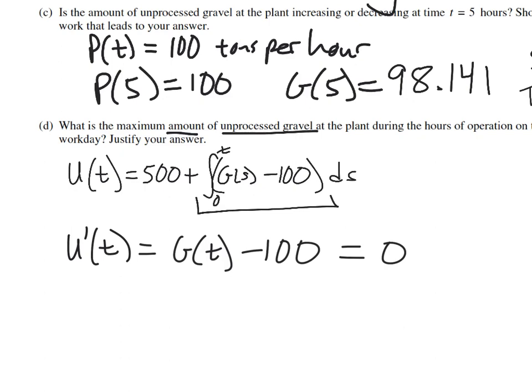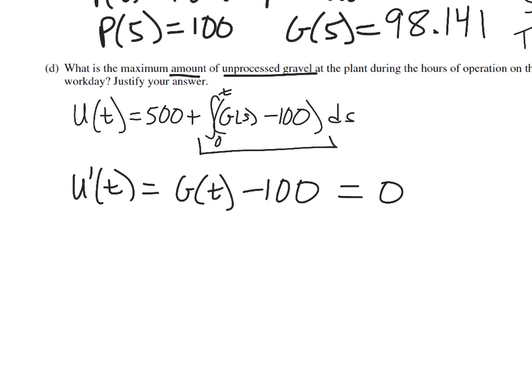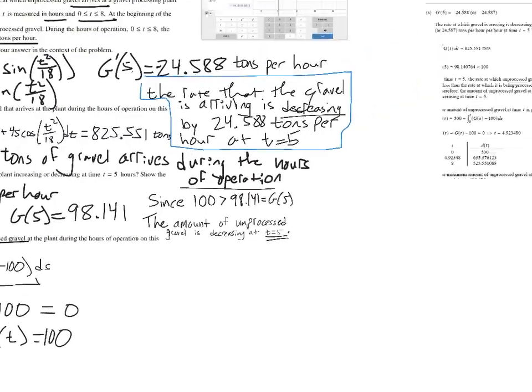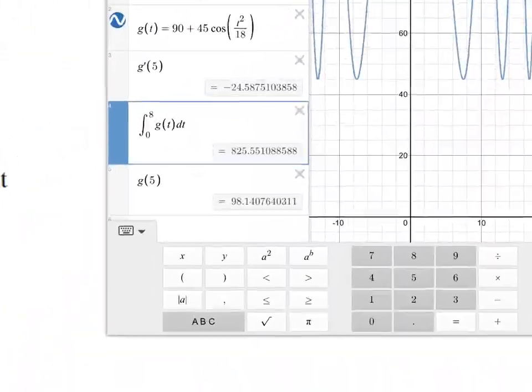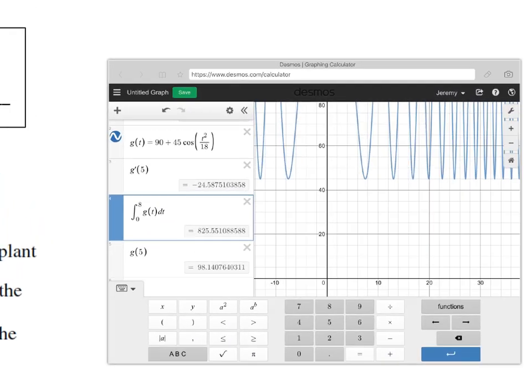So we need to check, and we have some endpoints as well. So when is G of t equal to 0? I'm sorry, equal to 100. Add 100 to both sides there. Okay, so we need to find that out here. Okay, so we want G of t equal to 100.